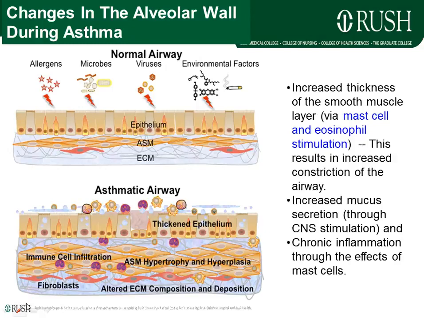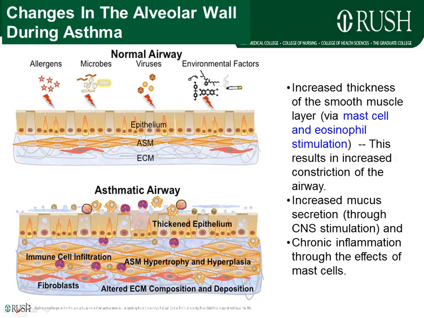And also, the epithelial layer can change as well. It can become thicker. It can get other cells that migrate into it. And it also gets an increase in mucus secretion via CNS stimulation.